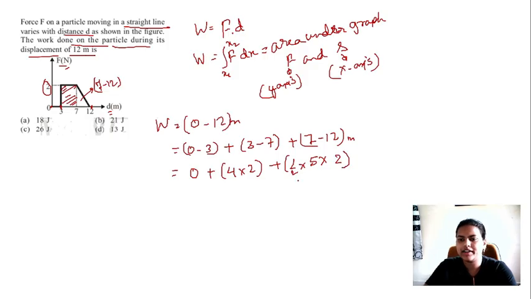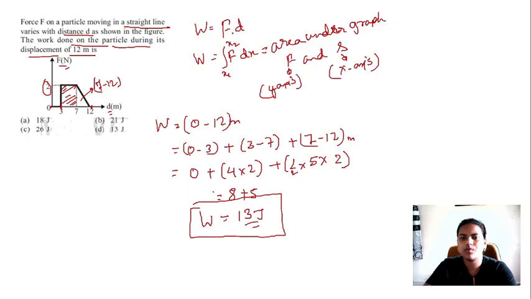This is a triangle area, and when you solve it, it would be 8 plus 5, which is equal to 13 joule. This is the work done in this case. D is the correct option.